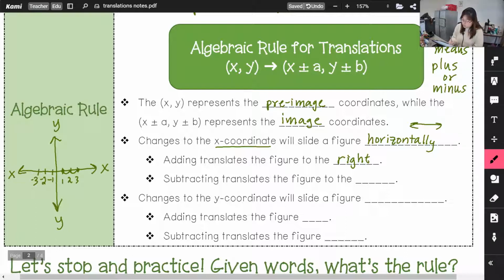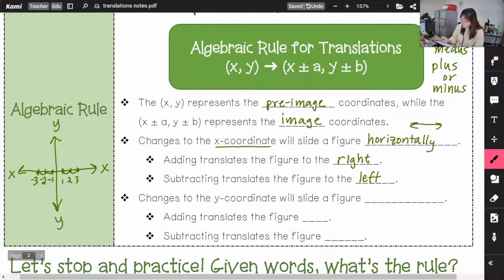So if you have a point at x equals -1, and you move it over to x equals -3, you're moving it to the left by subtracting, because if you subtract 2 from -1, you get -3. The more you subtract, the more negative it gets. So subtracting translates the figure to the left. And that's subtracting from the x-coordinate. So you see how this is x plus or minus a? If you do x plus a, you're moving it to the right a units. If you do x minus a, you're moving it to the left a units. Whatever a could be any number.